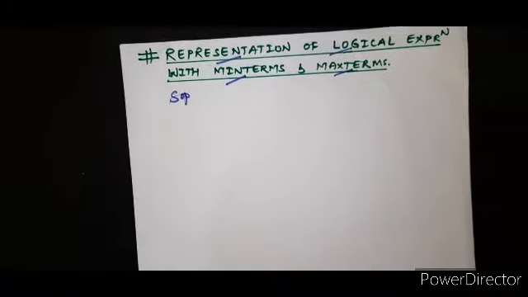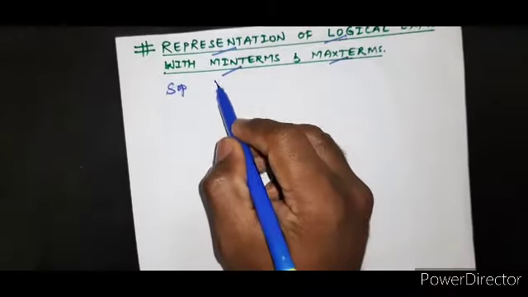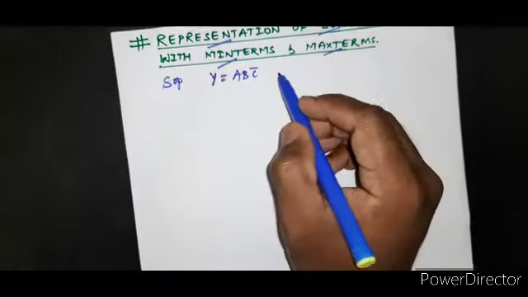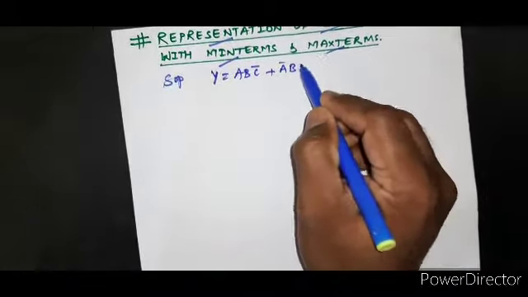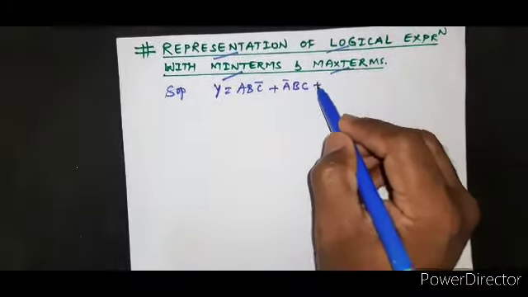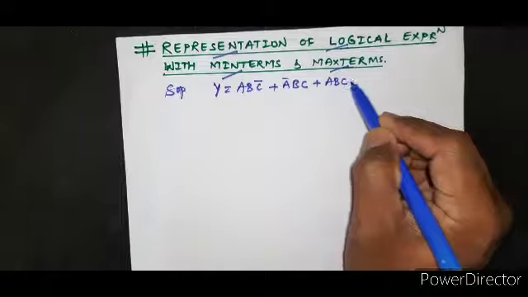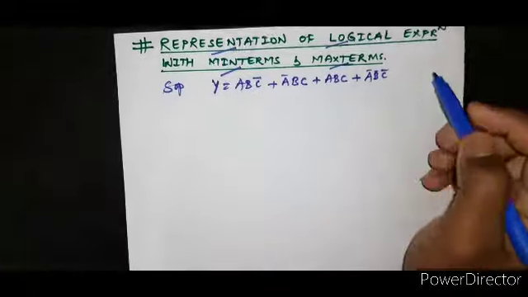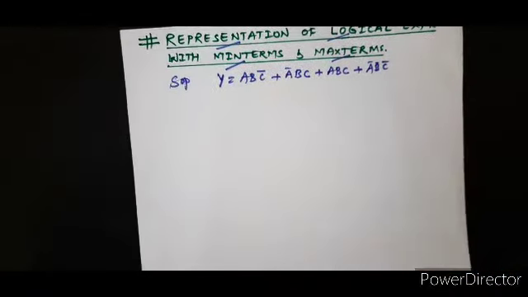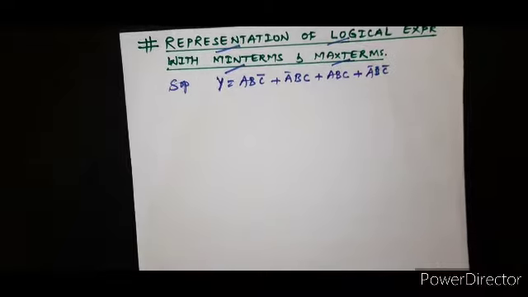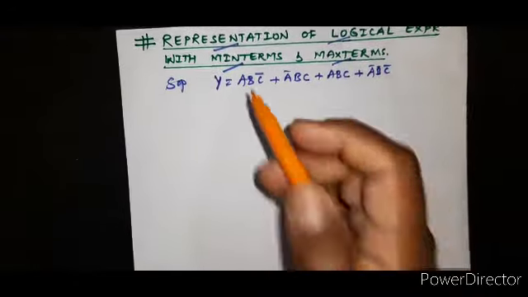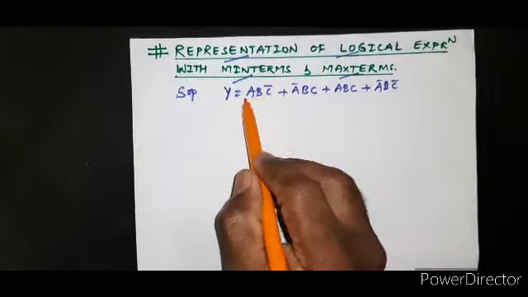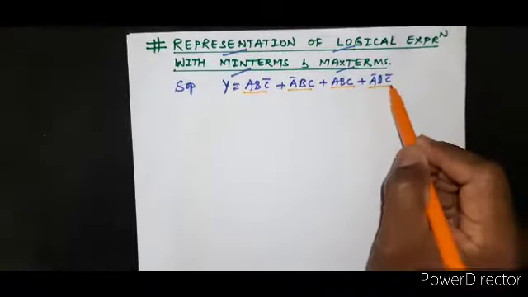Let us consider one equation. Let y equal to a b c bar plus a bar b c plus a b c plus a bar b bar c bar. Now given this equation, how many terms does it contain? 1, 2, 3, 4.